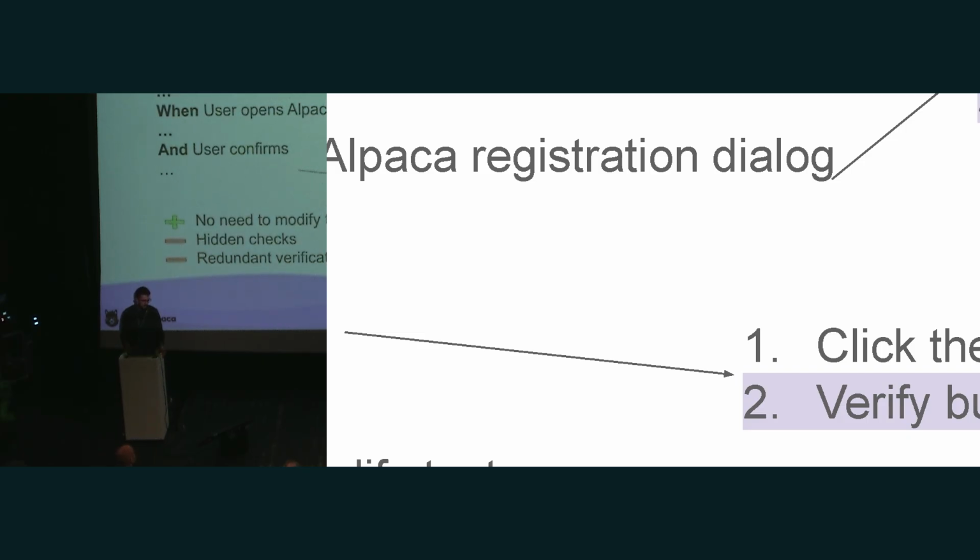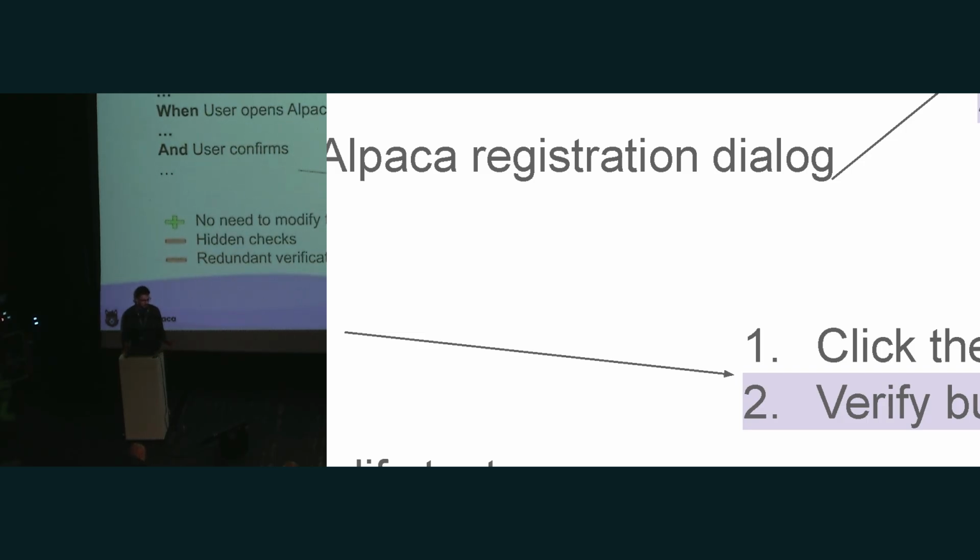That means for actions like when the user opens the Alpaca registration dialog, before this change, we just click the plus button. But after that, we could add the visual verification that verifies that the dialog layout looks as expected.